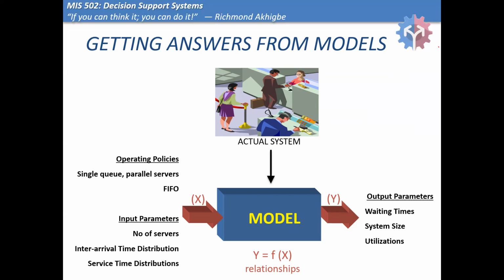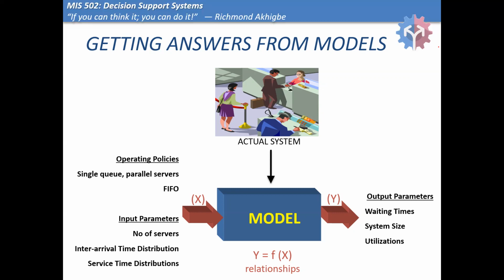In a process we need to have some inputs, some process, and some output. One set of input that goes into the system is what you call an operating policy. It means: are we allowing a single queue? Are we allowing multiple queues?